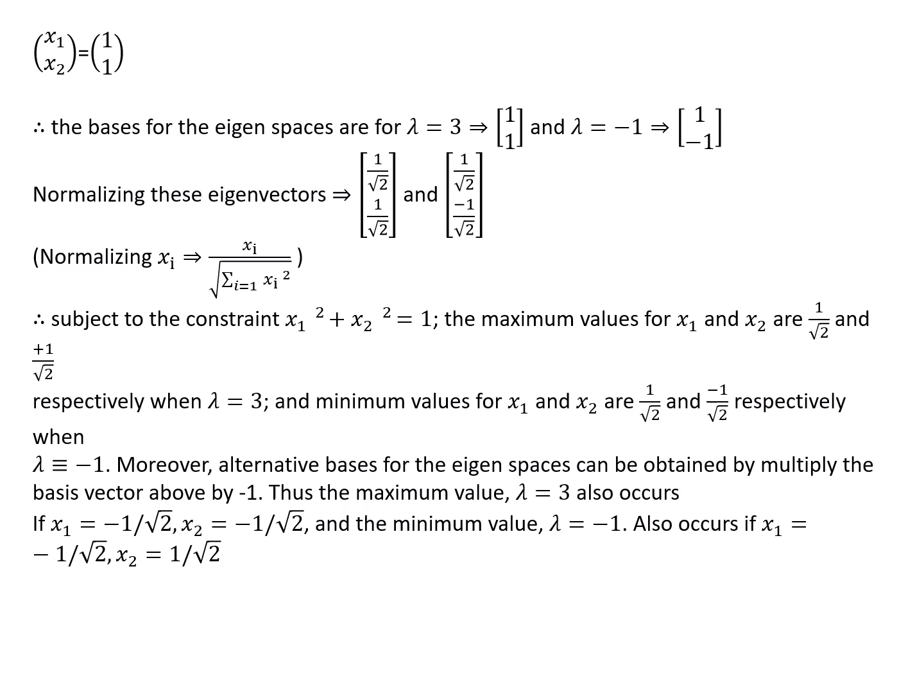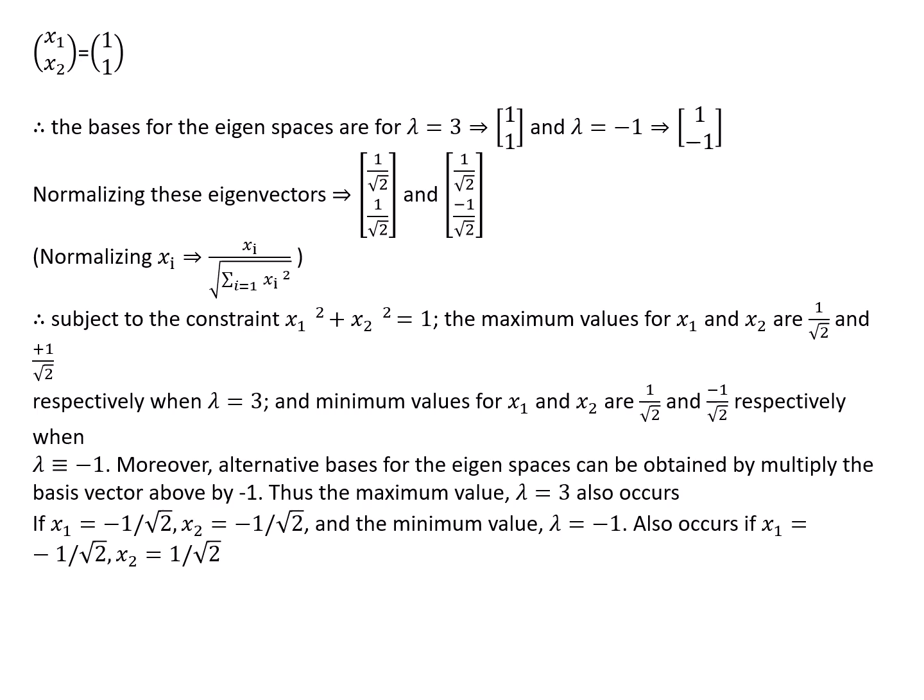So for your x1, you have 1 over root 2. Then for your x2, you have 1 over root 2. That is for lambda equals 3. For lambda equals minus 1, you also find the normalized form of it, which is xi, and your xi is 1.